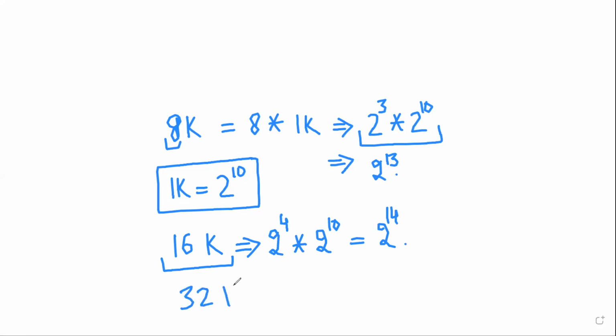Soumyaji, what would be 32k? Two raised to power 6. Okay, it will be 2 raised to power 5.